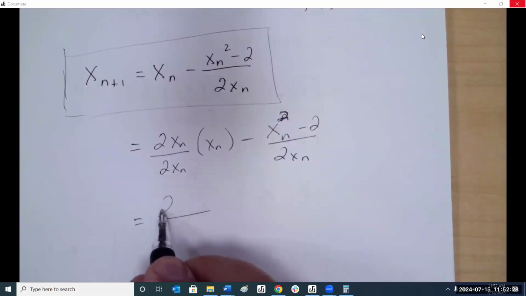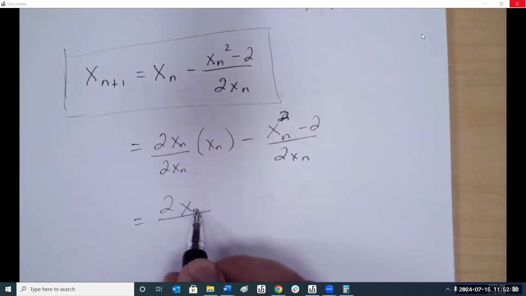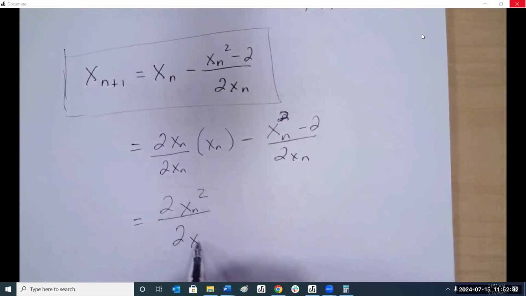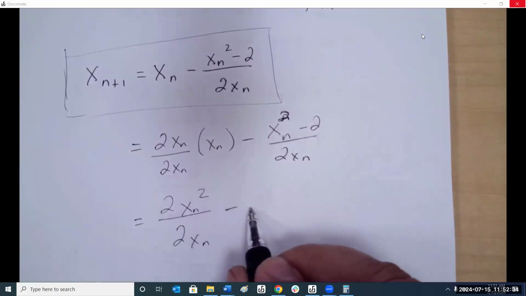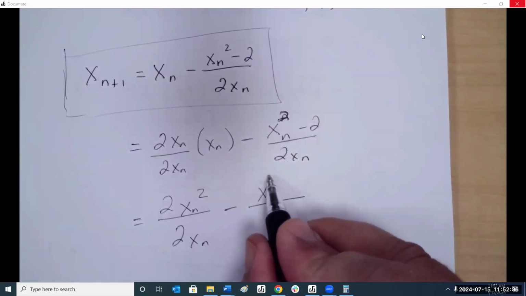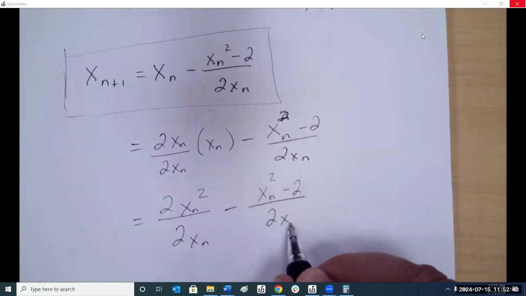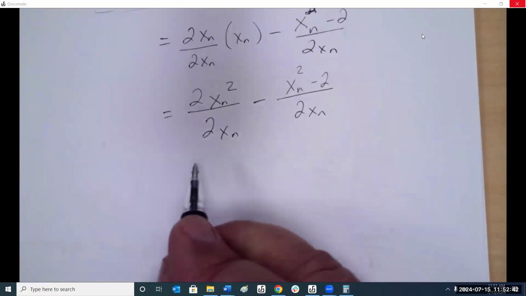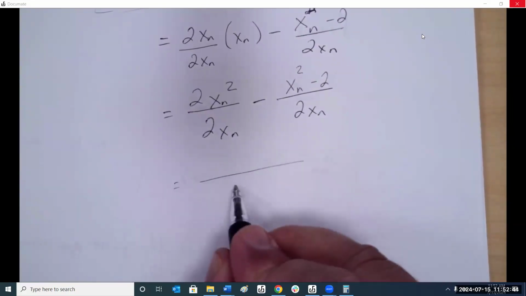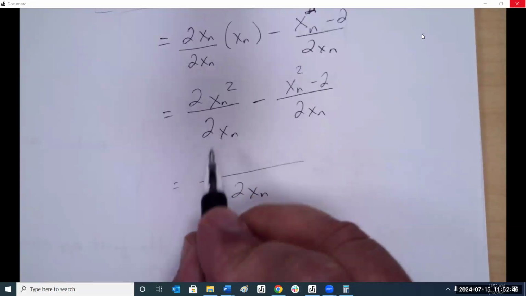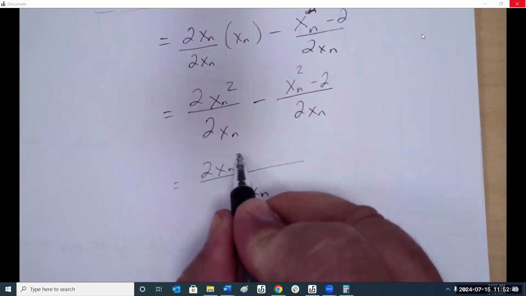So that's going to give us 2xn squared over 2xn minus xn squared minus 2. We have 2xn squared.